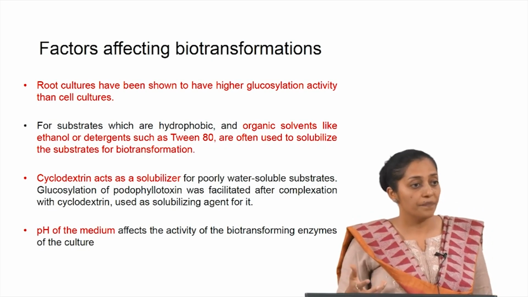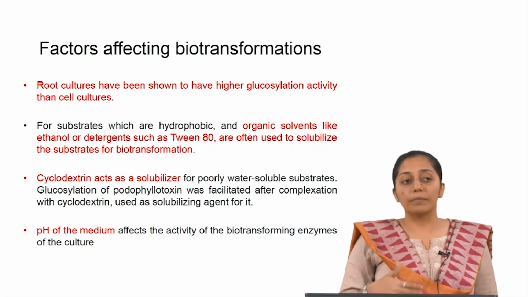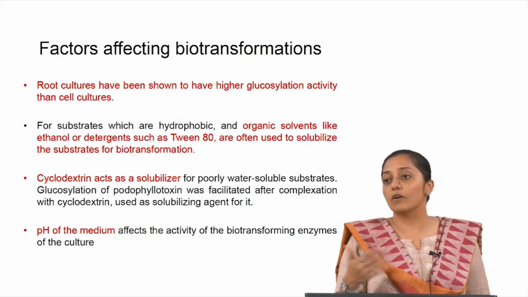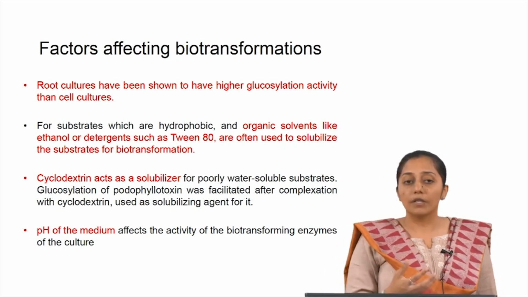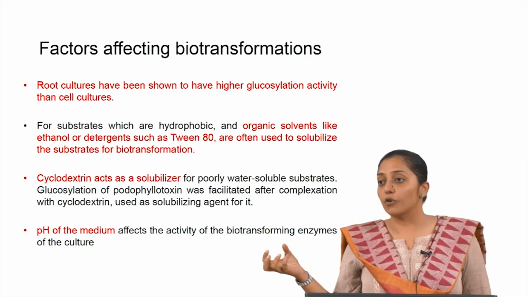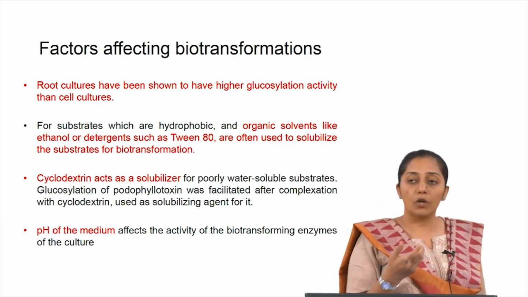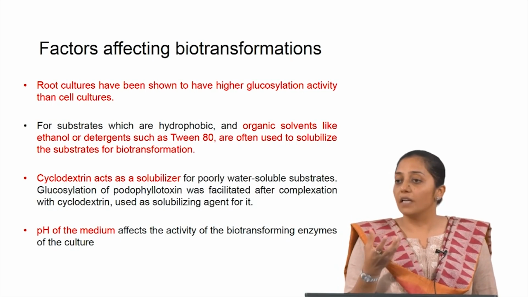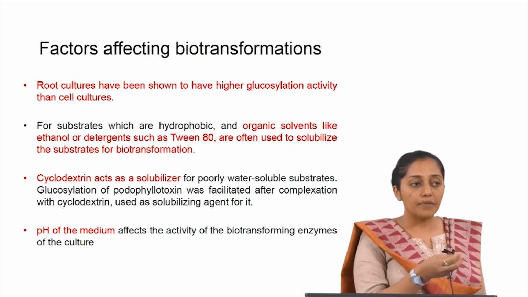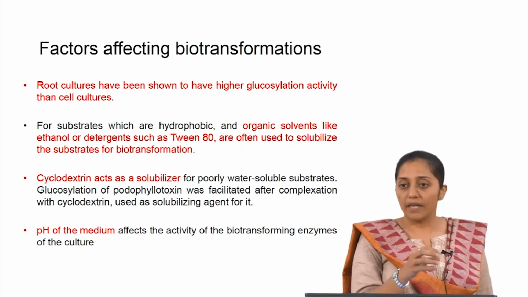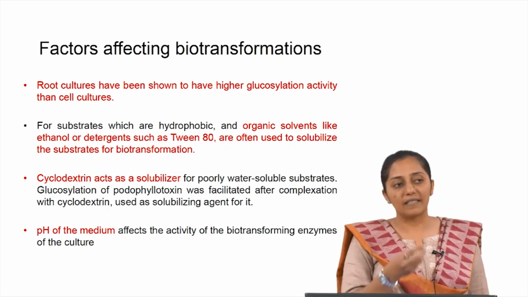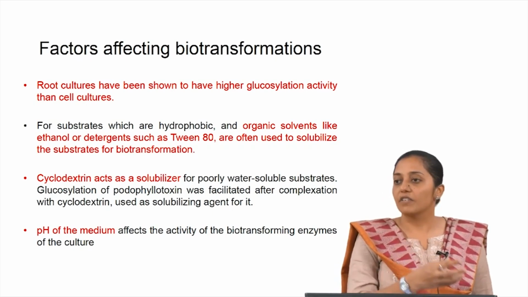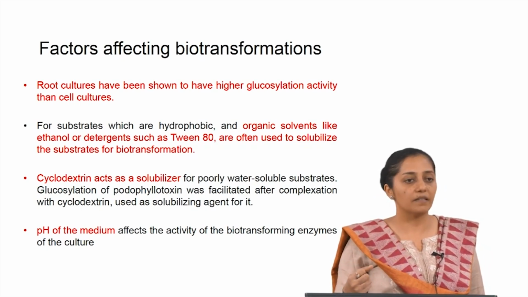Now, some of these substrates cannot be taken up as they are by the cells, maybe because of toxicity. So, in order to facilitate transport inside the cell, one of the molecules commonly used is cyclodextrin, to encapsulate the substrate such that it forms a vesicle-like structure which can be easily taken in by the cell.